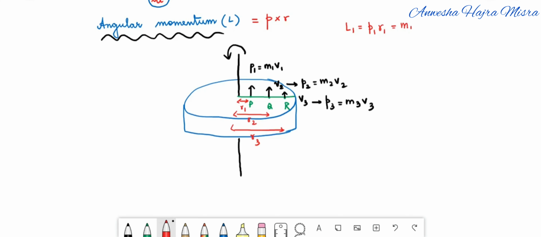P1 is m1 v1, and v1 can be written as r1 omega. So this becomes m1 r1 square omega. Again, remember, omega is same for all particles.